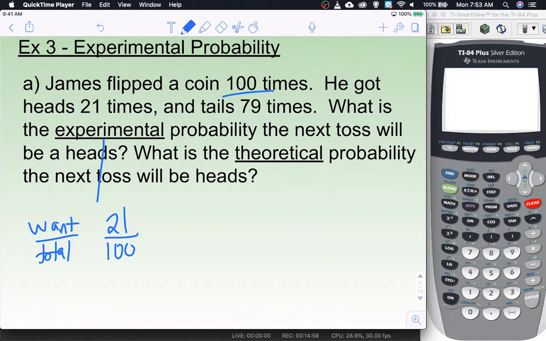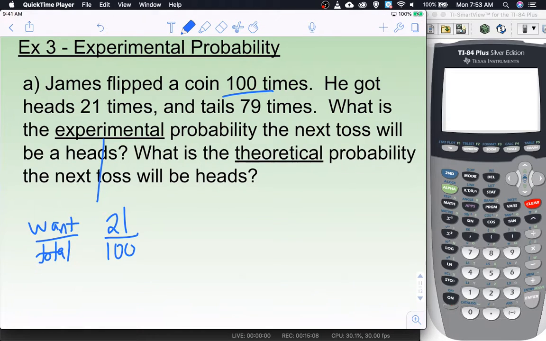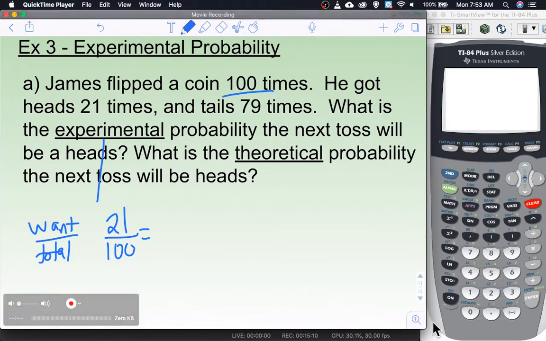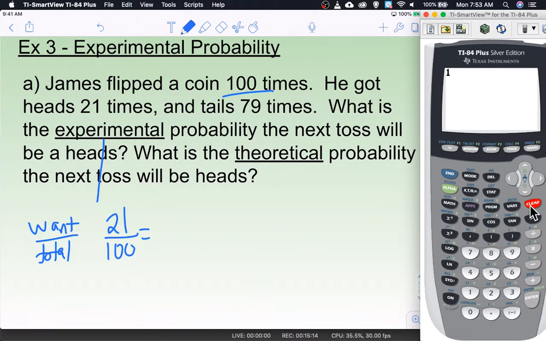That is the experimental probability of getting heads on the next flip. That doesn't really simplify. It should be just 0.21. 21 divided by 100. It's 0.21, which is 21%. Okay, that's the experimental probability.